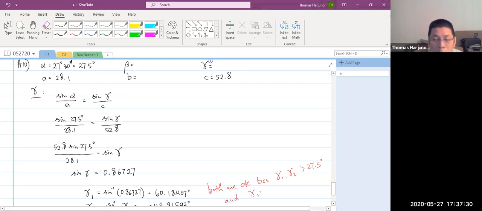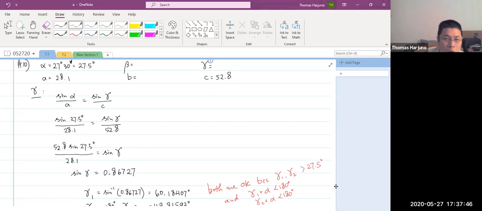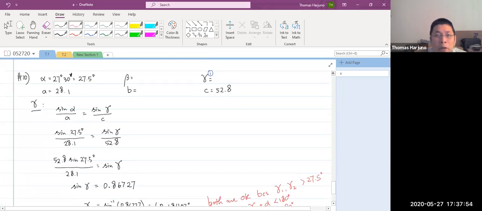Gamma 1 plus alpha is less than 180 degrees. Gamma 2 plus alpha is also less than 180 degrees. So you see, both of them satisfy the rules, the notes that we have earlier. We cannot cancel any one of them.